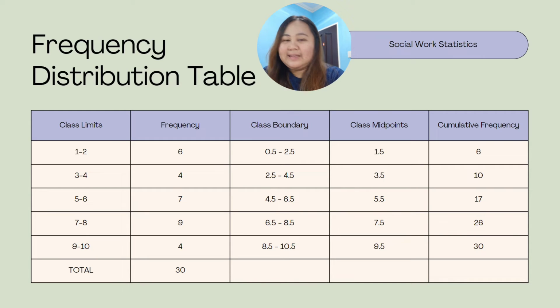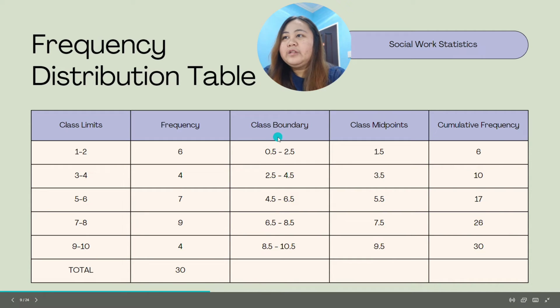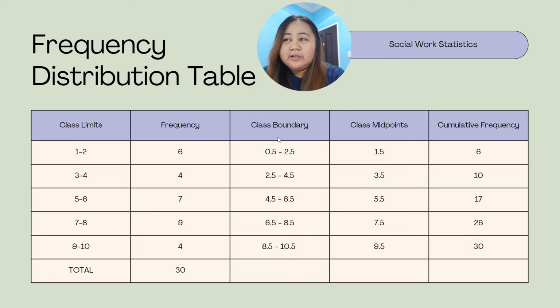So let's go to class boundary. To find out the class boundary, first the lowest value of your class limits, which is 1, you subtract 0.5. So 1 minus 0.5 is equal to 0.5.